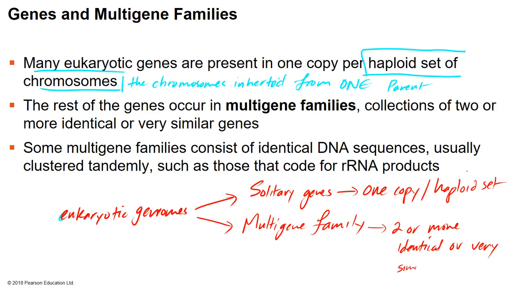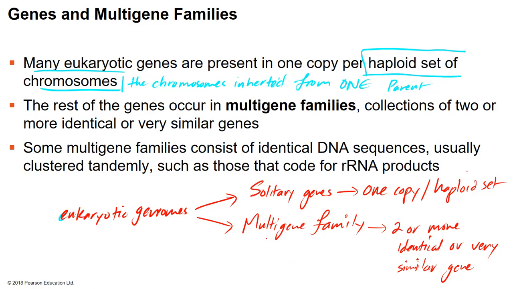That's why they are called a gene family, because their sequences are either identical or very similar. Okay, solitary genes are the genes you inherit one copy per haploid set. So basically you have 2 copies of these genes, one copy from your mother, one copy from your father. With multi-gene families, you might inherit multiple copies from your father and multiple copies from your mother.